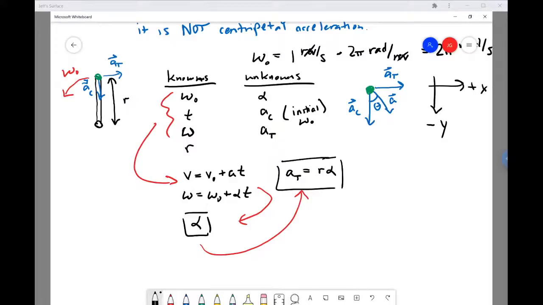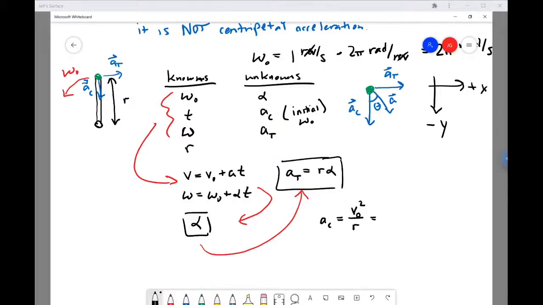Okay, well, what about centripetal acceleration? If you remember, a sub c is equal to speed squared divided by r. In this case, the v is the tangential speed of that point on the turbine, this little green point. I'll put the naught here because they say the initial speed, because it's slowing down.